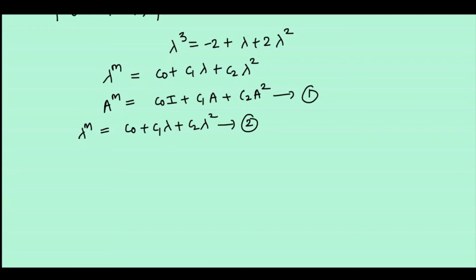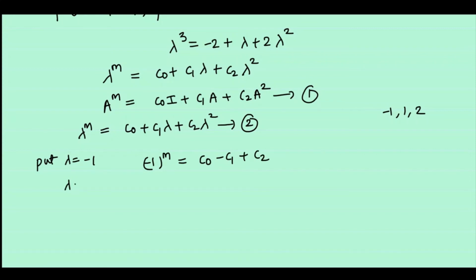Now we have our characteristic values or eigenvalues as -1, 1 and 2. So we have to substitute the values. So put lambda equal to -1. We will get (-1) raised to m is equal to C0 minus C1 plus C2.